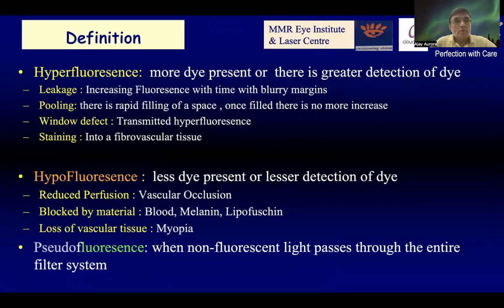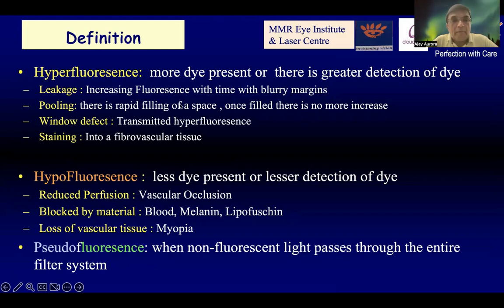Now, let's come to a few definitions. What is hyperfluorescence and what is hypofluorescence? Hyperfluorescence means there is leakage, which means there is an increased amount of fluorescent dye with time, which comes out from where it is supposed to be and causes the margins to become blurry.